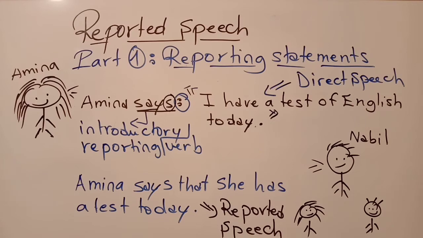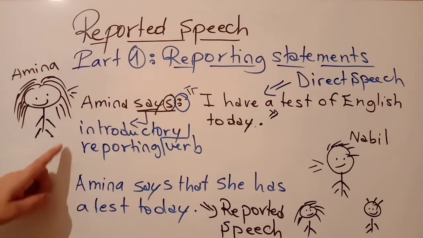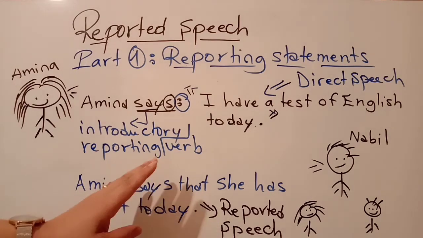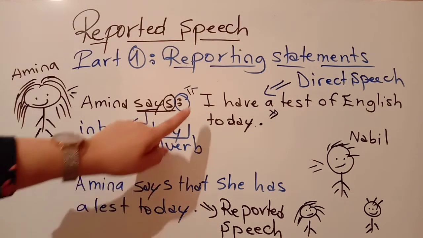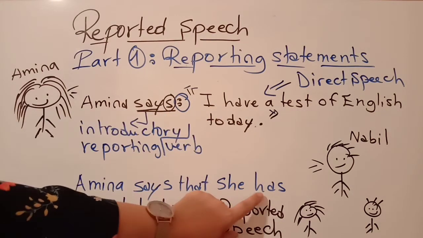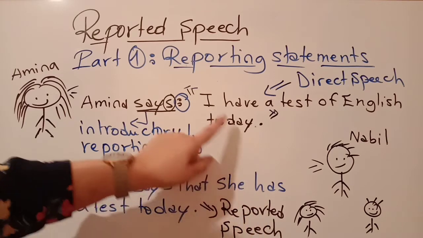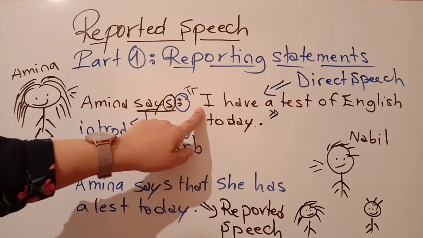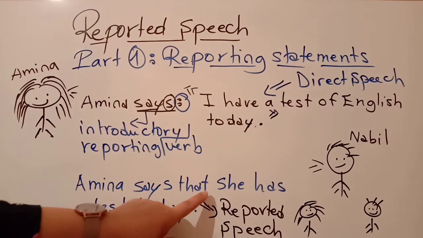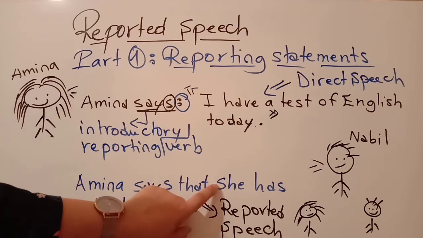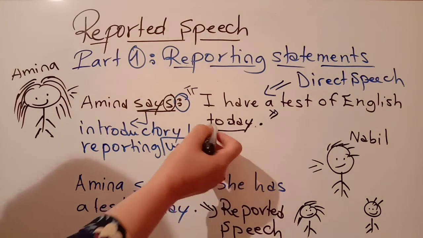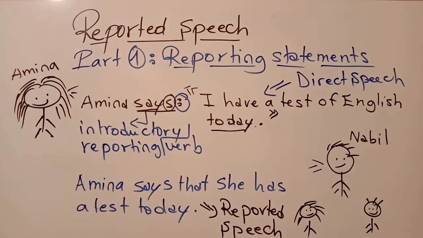When it's in the present tense, there is no tense change. Here we have "I have," present simple, and "she has," present simple. You change just the subject pronoun. "I" refers to Amina, so when we report, we are talking about Amina. So she has a test today. The same thing for "today": it remains "today." We don't change it.